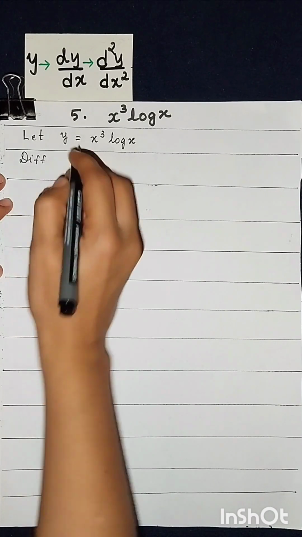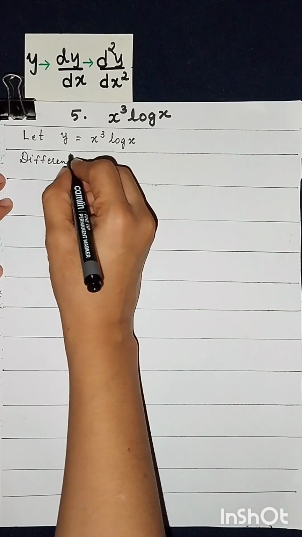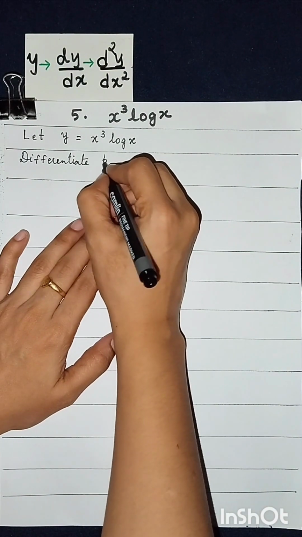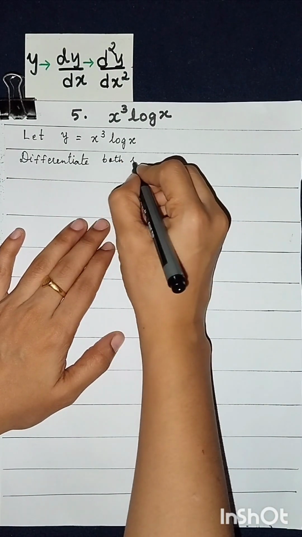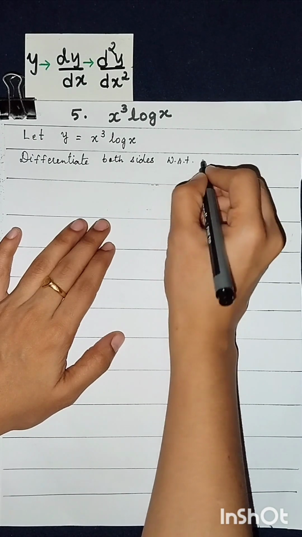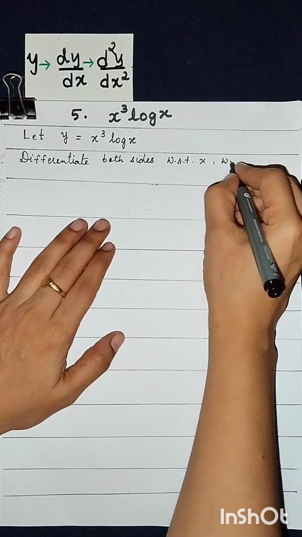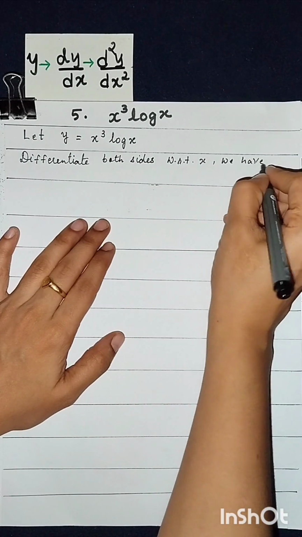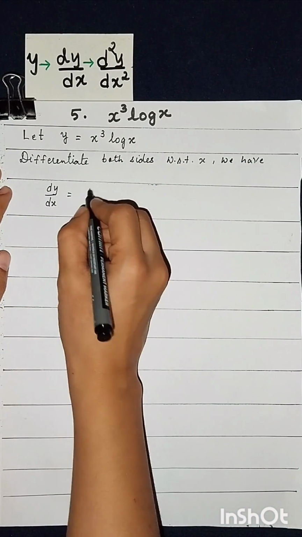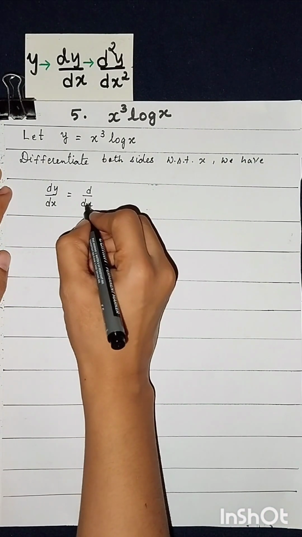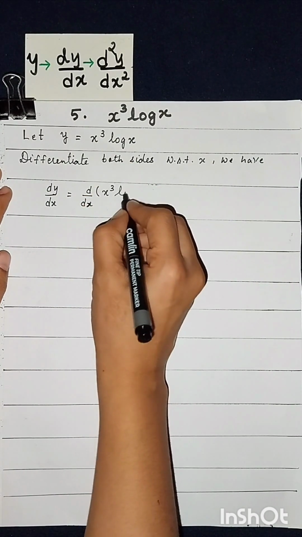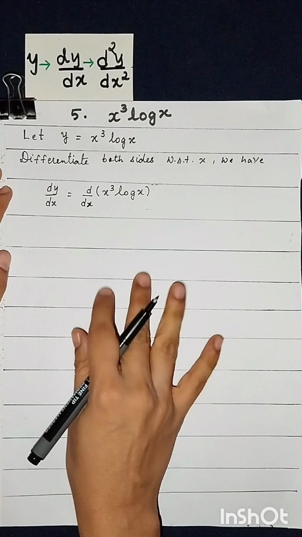Differentiate both sides with respect to x. We have dy by dx is equal to, so in the place of y we will write x cube log x.